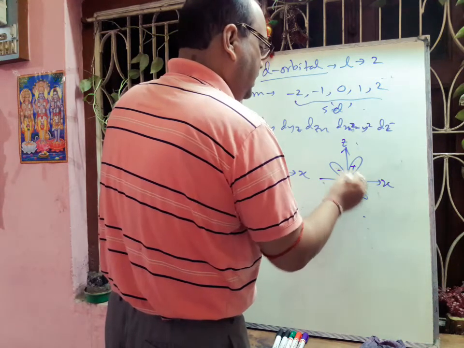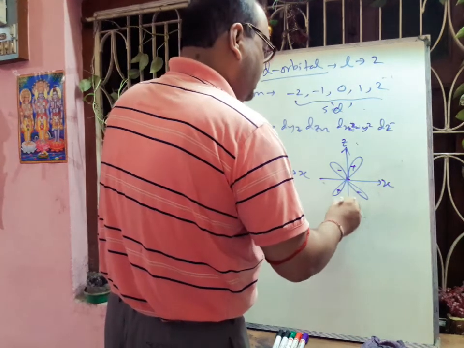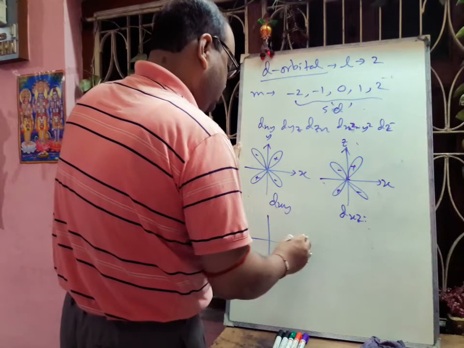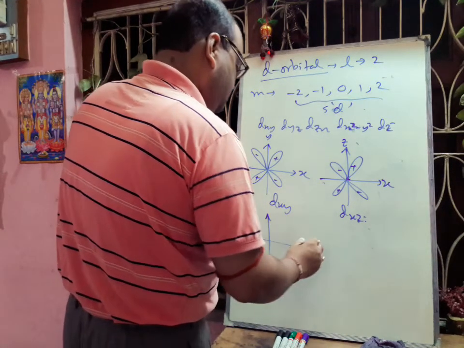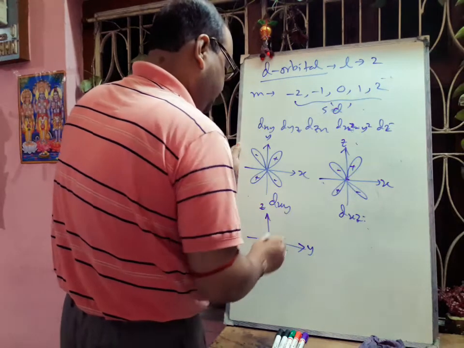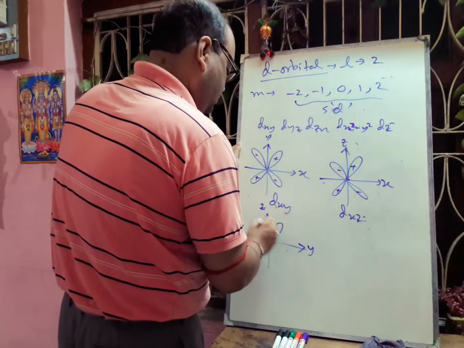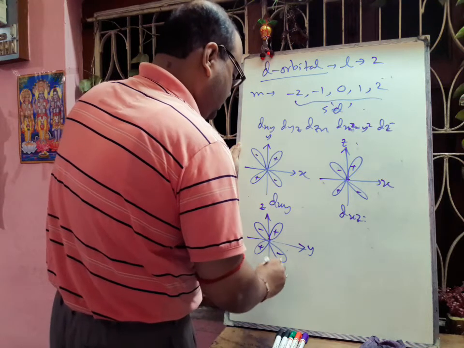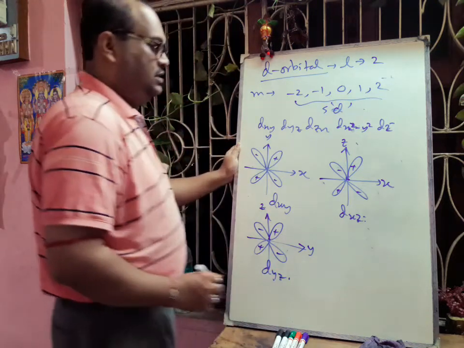Plus plus, minus minus. So this is called the dxz orbital. Next, yz, plus plus, minus minus. So this one is the dyz orbital.